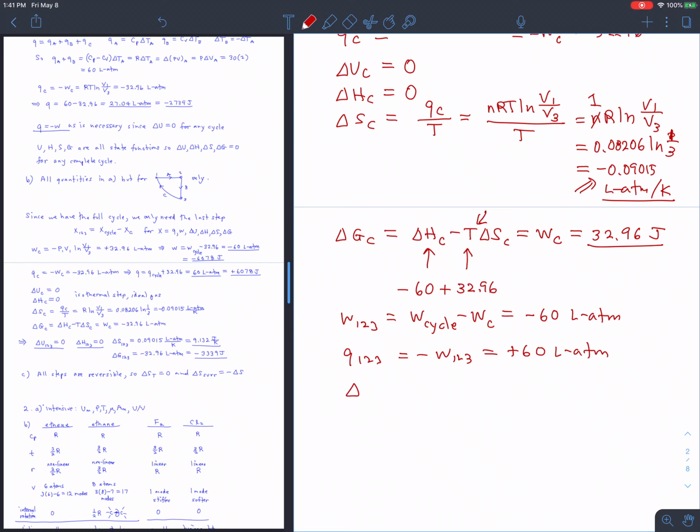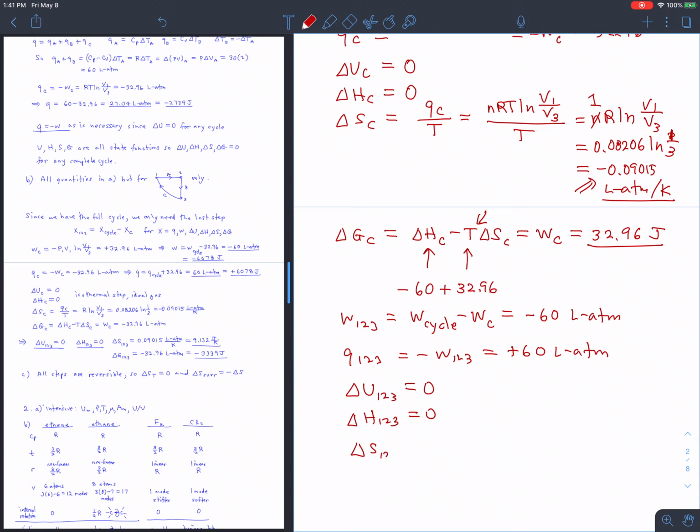Delta U for 1, 2, 3 has to equal 0, right? Because delta U for C was 0, and delta U for the whole cycle is 0, so delta U for 1, 2, 3 also has to be 0. Delta H for 1, 2, 3 likewise is 0.